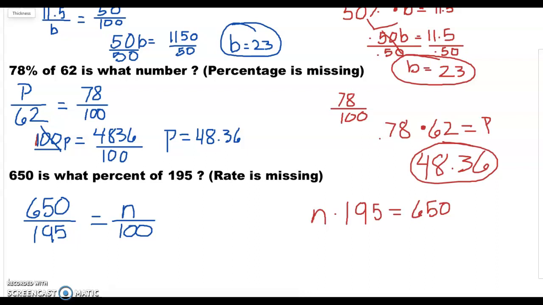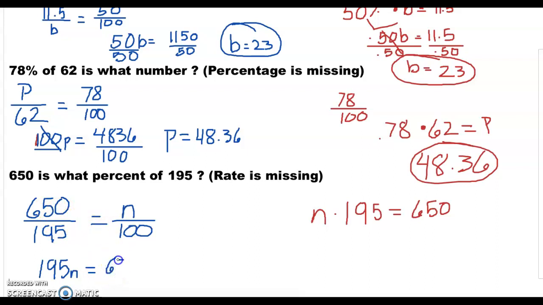When we set it up, we're going to set it up just like this, okay? This right here is the proportion formula, and this over here is the percent formula. It's two different ways, but you're going to get the same answer. So we're going to cross multiply here. You should have 195n. I just chose n as a variable. You can choose x, you can choose r. It doesn't matter. And 650 times 100, you're going to get a big answer.